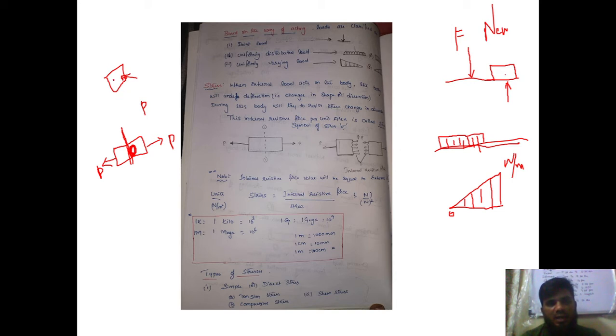If this internal resistive force is acting on this whole surface, then the stress is nothing but this internal resistive force per area, the area on which it is acting. So stress we generally consider as internal resistive force per area. If you see here, the stress is similar to pressure. Pressure is also force upon area.